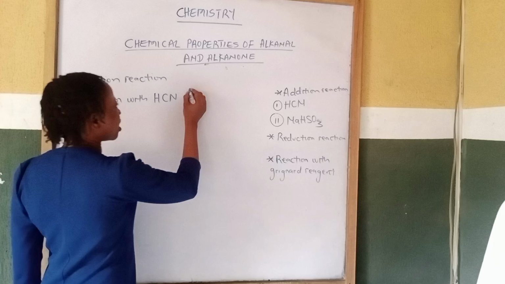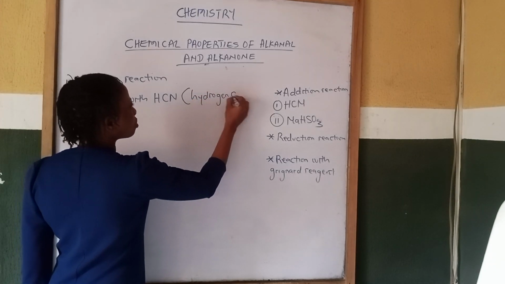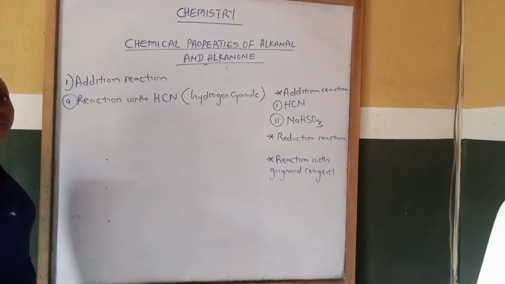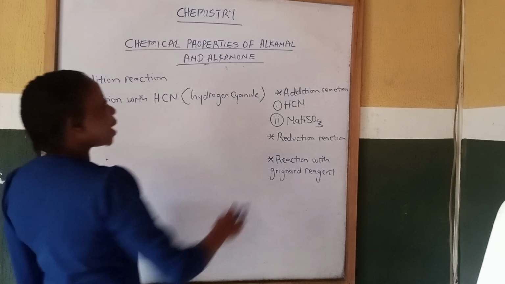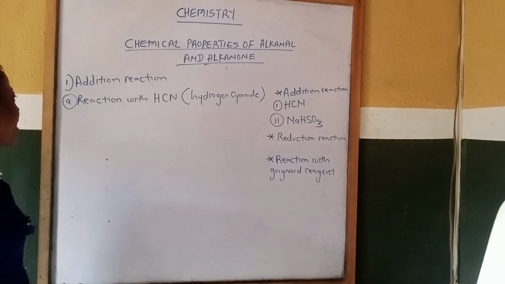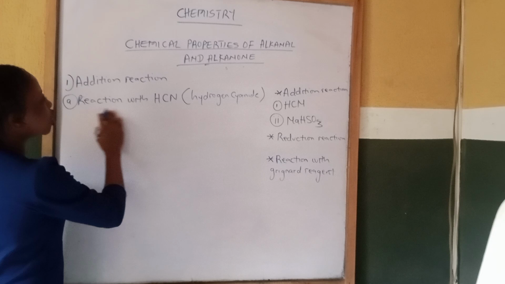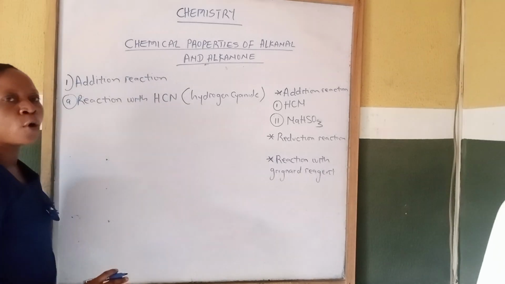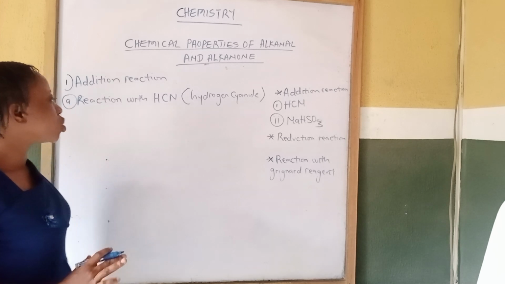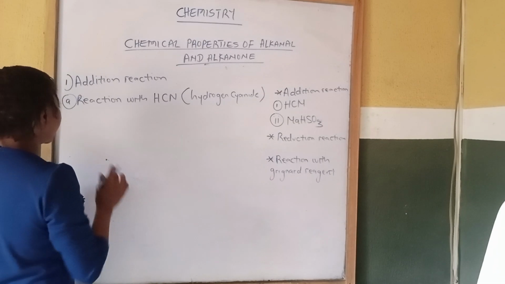HCN is hydrogen cyanide. So the first one is reaction of alkanal with hydrogen cyanide. The reaction will take place in the presence of potassium cyanide and tetraoxosulfate 6 acid as catalyst. So the reaction will take place in the presence of potassium cyanide as the catalyst.